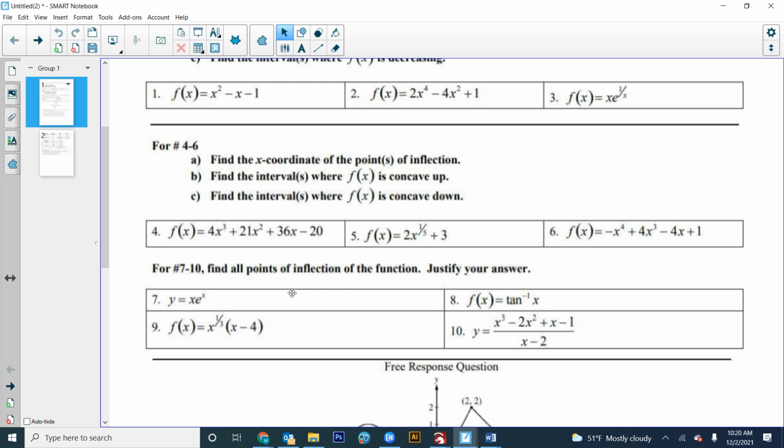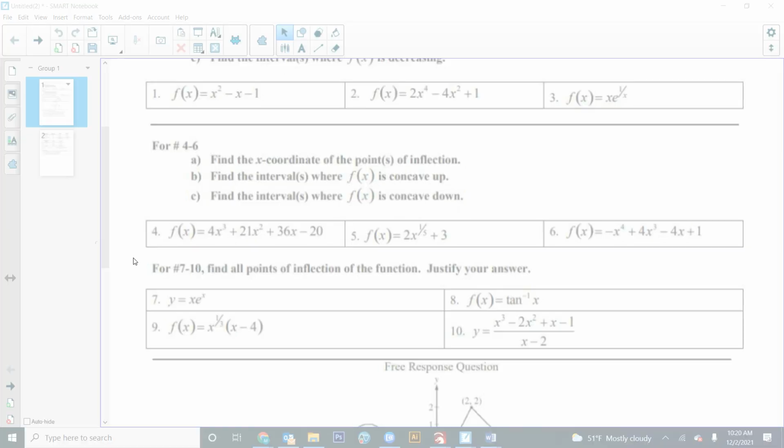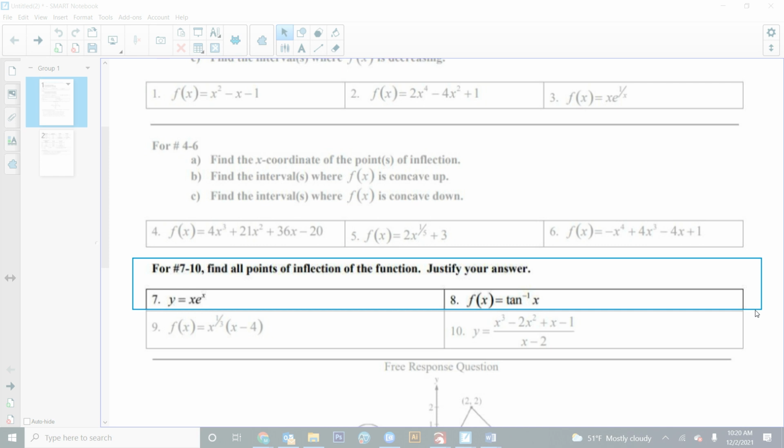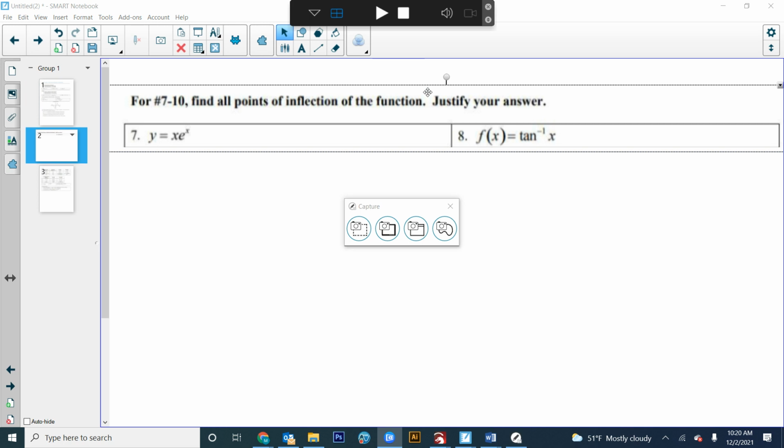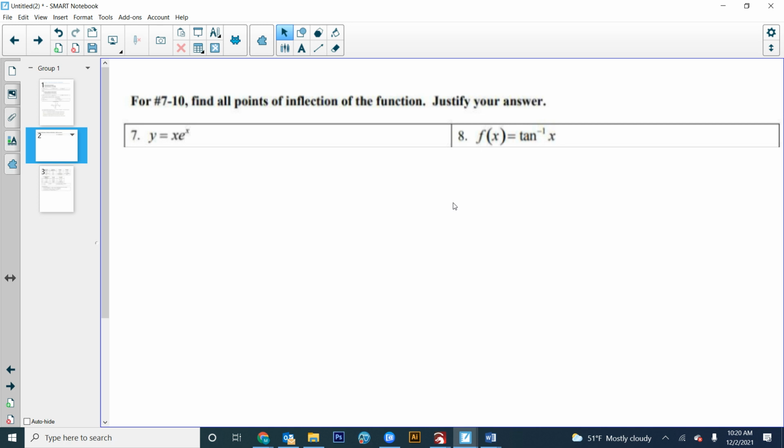Find points of inflection. You can call it dy dx, doesn't matter.